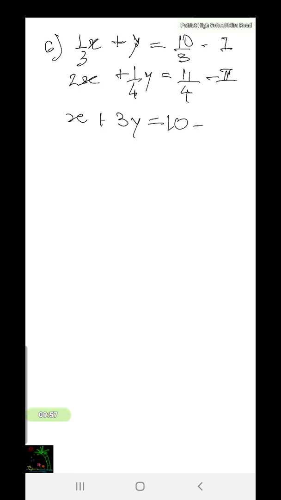This will be our equation 3. And multiplying equation 2 by 4, we have 8x plus y is equal to 11. This is our equation 4.